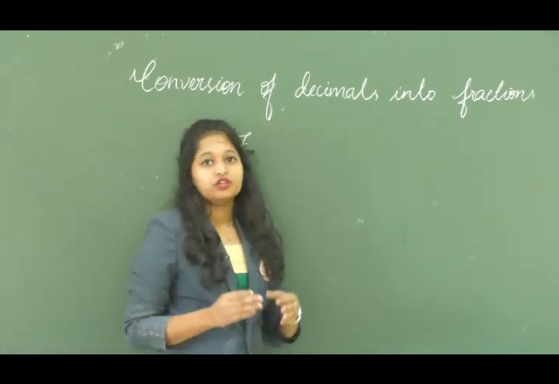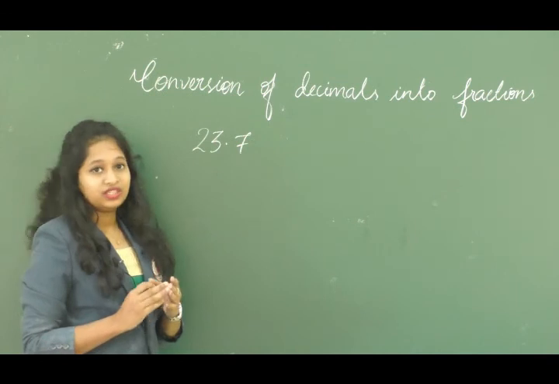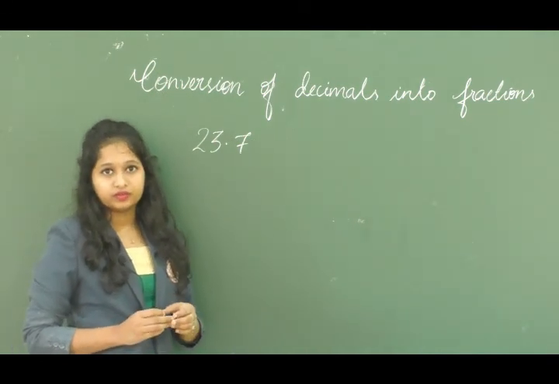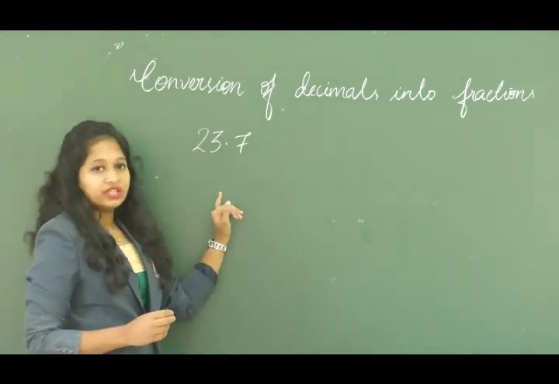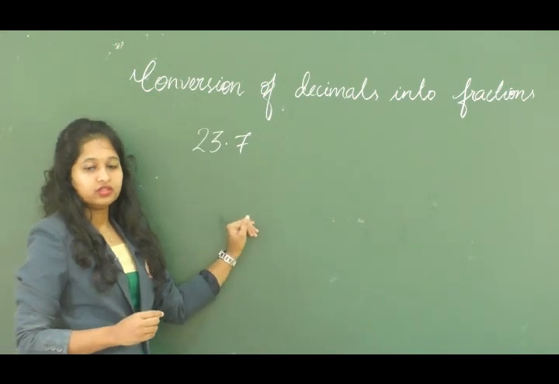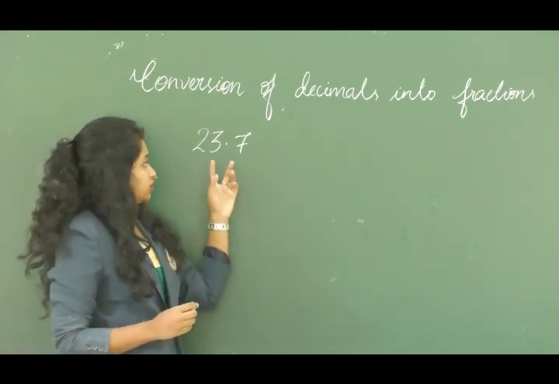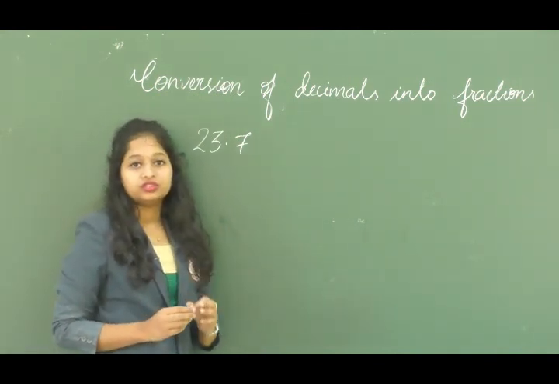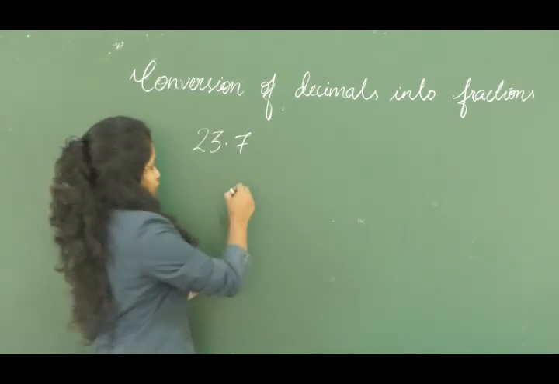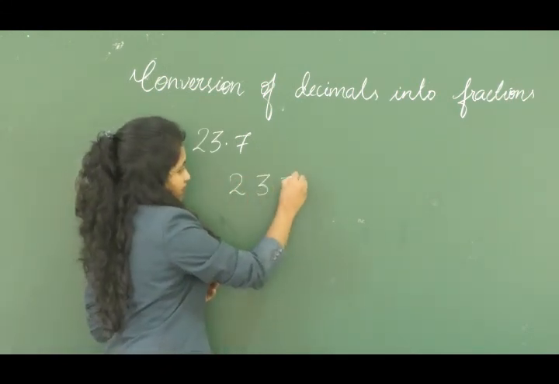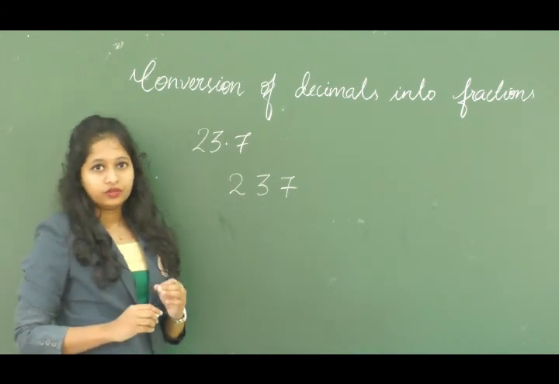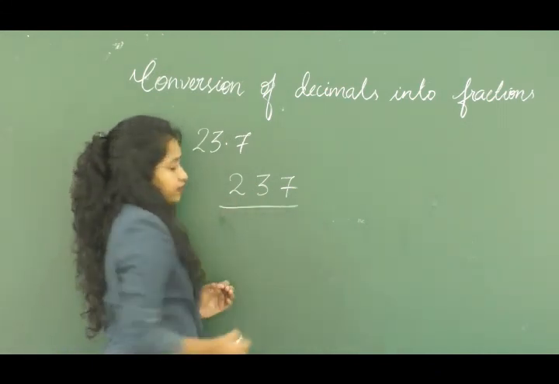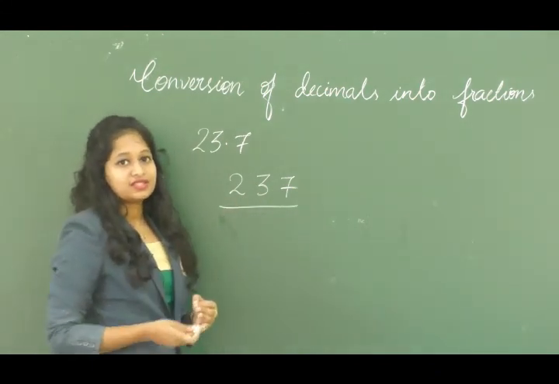First, for fractions we need numerator and denominator, right? So in the place of numerator, we have to write this number without the decimal point. So write 237.